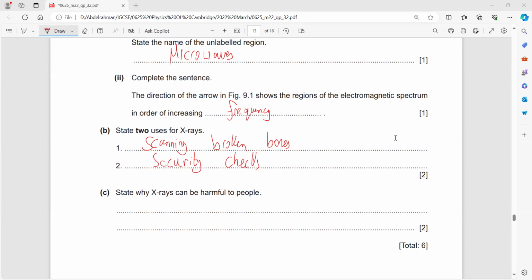They damage the healthy cells. They cause mutation. They cause cancer. They cause damage to the DNA. They damage healthy human cells. They could cause cancer. Okay, they could cause mutation.